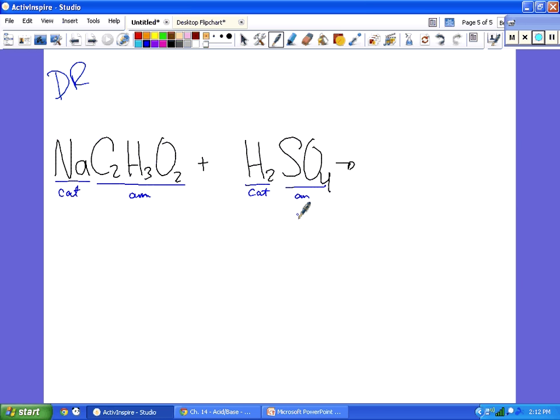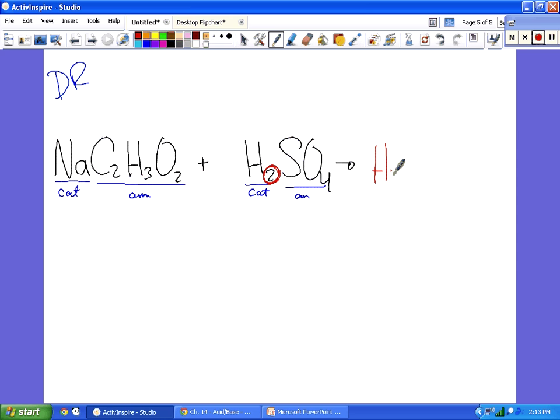This is the teaching point. This is wrong. Don't do this. This is wrong. We all agree that H is going to swap with Na, correct? So H is now going to be with who? Acetate. Here's, again, don't do this. Because H has a subscript of 2, am I going to transfer it over?